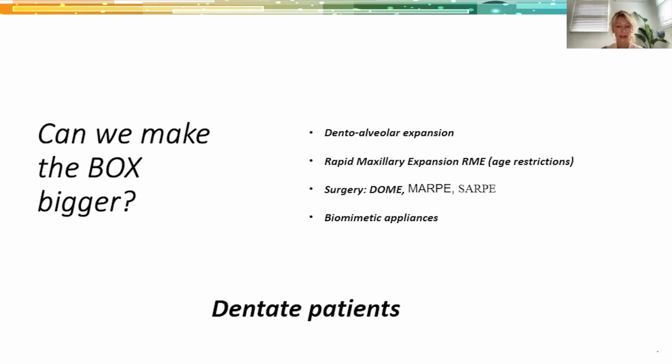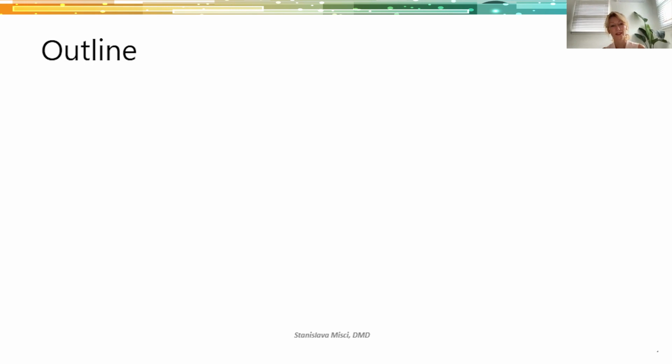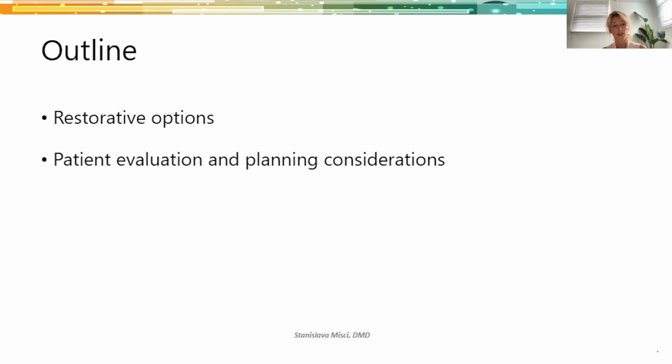So this is where our future focus, I feel, is going to be in our field: to try to figure out ways for our edentulous maxillas to expand so we can place our implants and restore them at a bigger box, having a bigger, wider palate and a bigger nasal cavity, and more anteriorly to bring all these tissues, the tongue, away from the airway, up on the palate, and hopefully we don't crowd the airway, which is our goal, and preventively to not trigger any obstructive sleep apnea episode or future diagnosis.